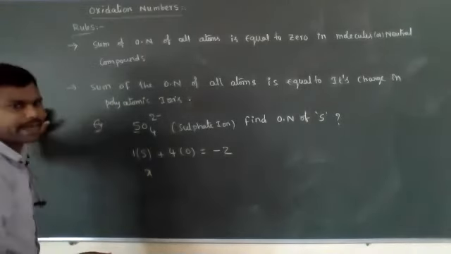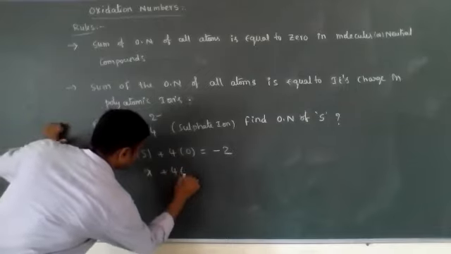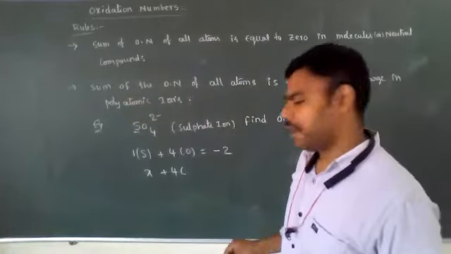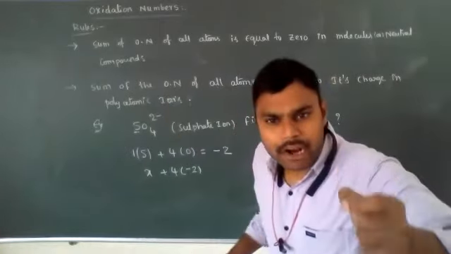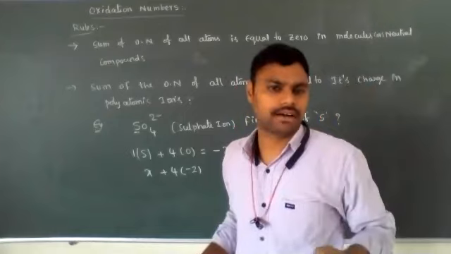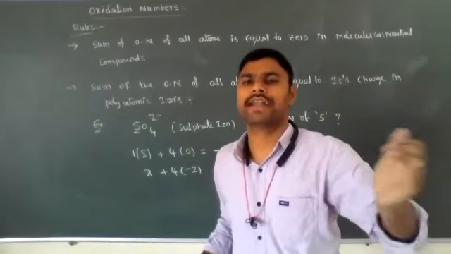For sulfur, let it be X. Only one is present, so 1X means X, plus oxygen. What is the oxidation state of oxygen always? Minus 2. Only in peroxides and superoxides it is minus 1 or minus 1 by 2, or when combined with fluorine it shows plus 1 and plus 2.